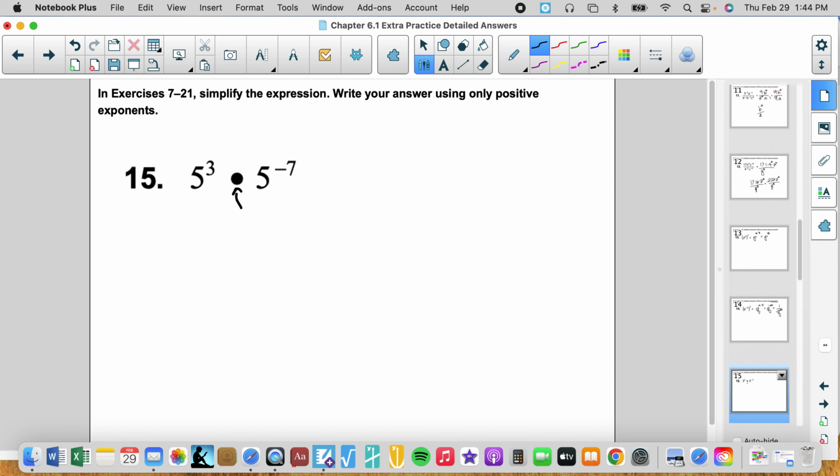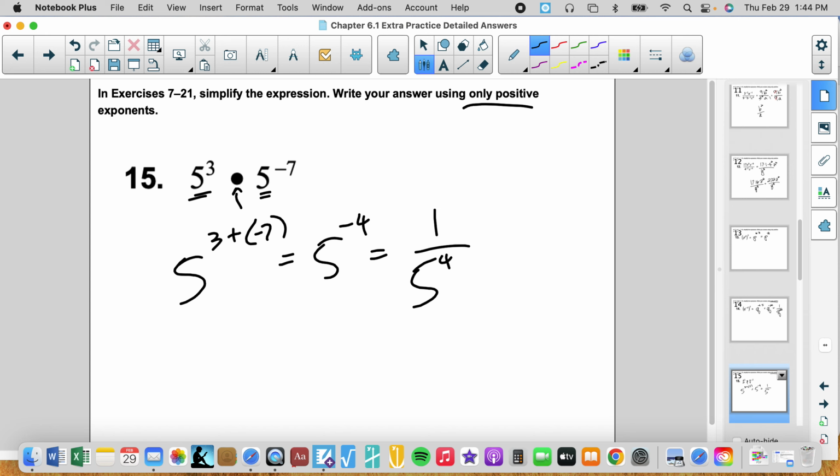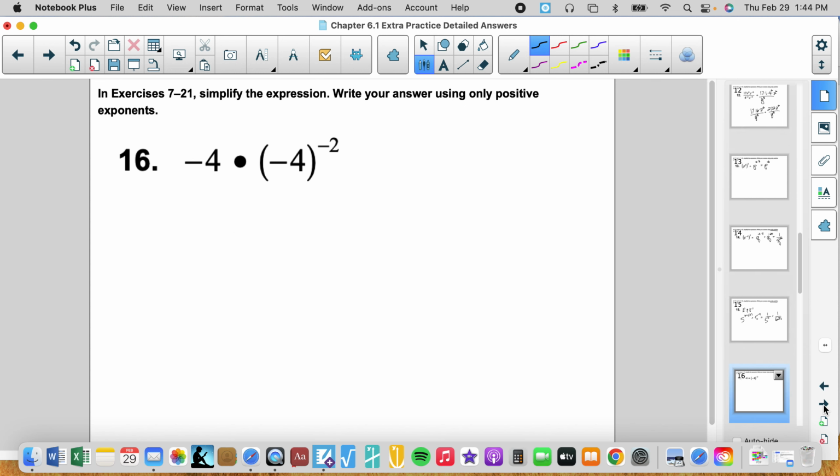Now we are multiplying like bases. So when we multiply like bases, we are going to add their exponents. That's 5 to the negative 4th. We have to only have positive. So we're going to move it to the denominator. And I don't know if we leave it like that or whether we write 1 over 625. Not sure what the answer key says for that, but we'll do both.